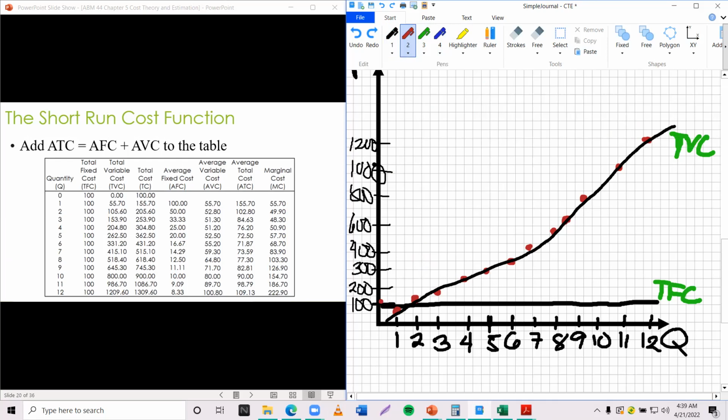So, 100. There is 100. I'll just use another color, green. This would be 100.